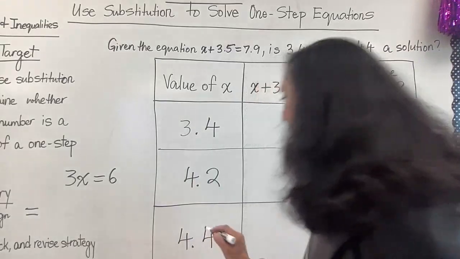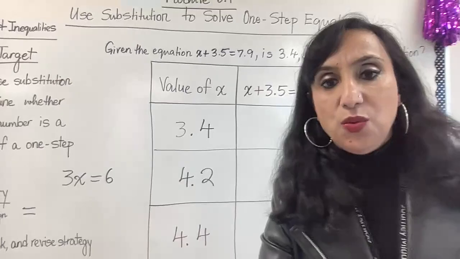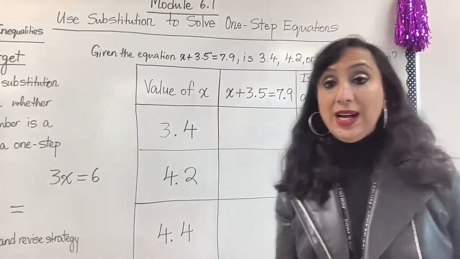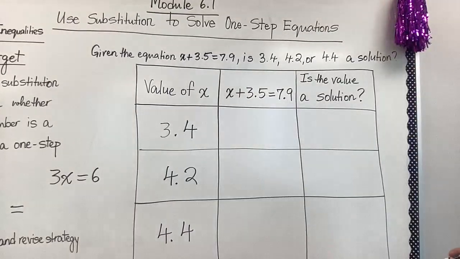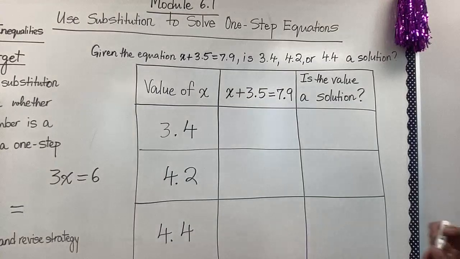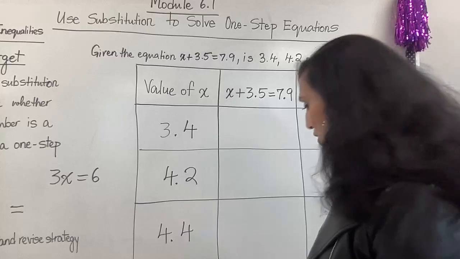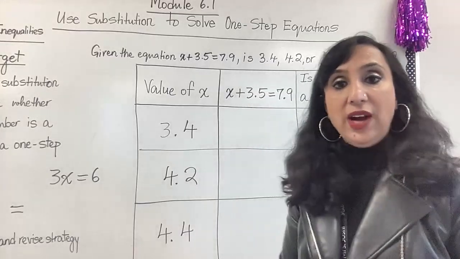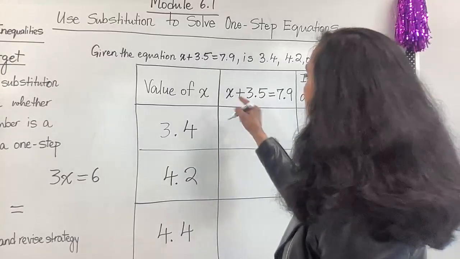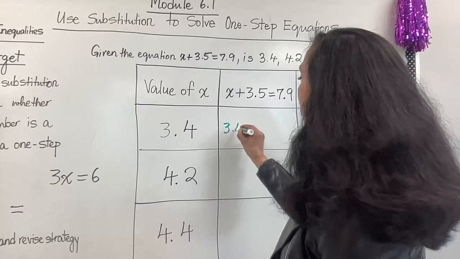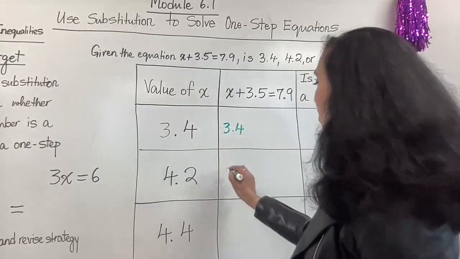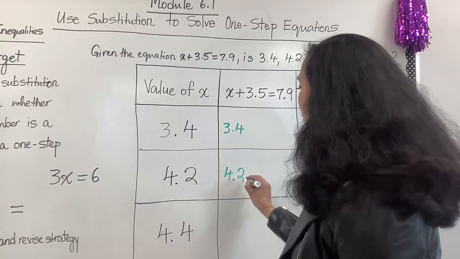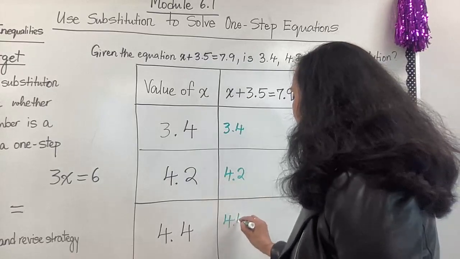So we're trying to see by substitution as to which one is the correct solution. All right, so because this is the equation that's given, I'm going to substitute the value for x. So I'm just going to write that with a green. So we've got 3 and 4/10 for x here. We've got 4 and 2/10 for x here. We've got 4 and 4/10 for x here.